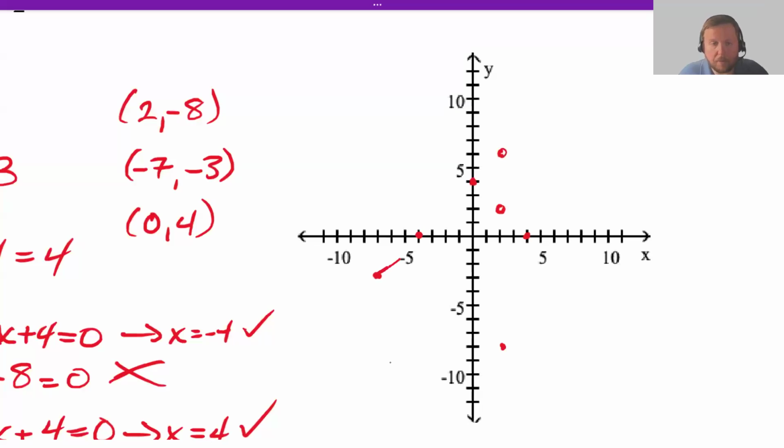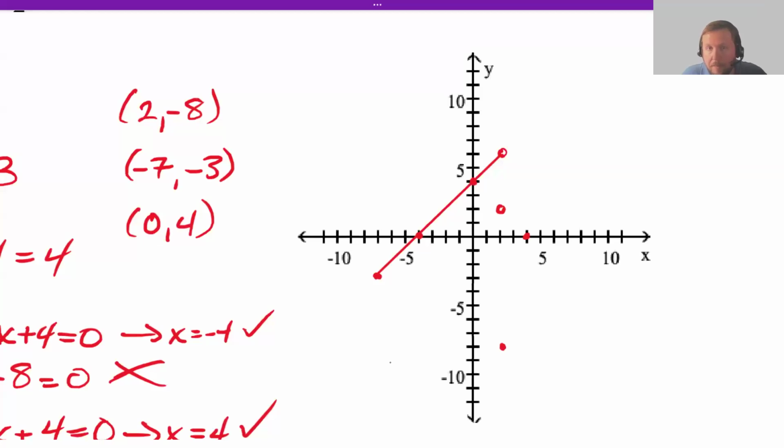So our first piece looks something like that. So we're starting here at negative 7, negative 3, and it's just a linear function until x gets to 2, and then it's jumping down to this point down here, and then it's just going to end up being an isolated point.